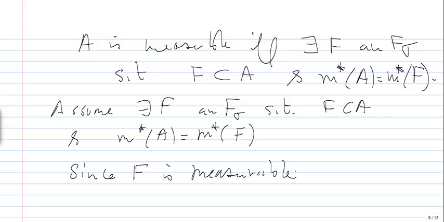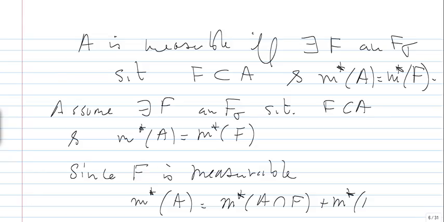By definition of measurability, we know that the outer measure of A is the outer measure of A intersect F plus the outer measure of A intersect F complement.